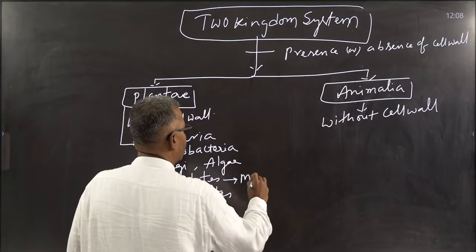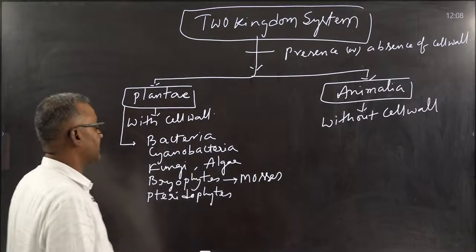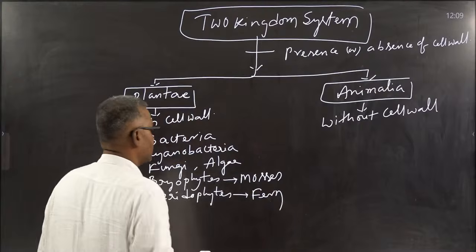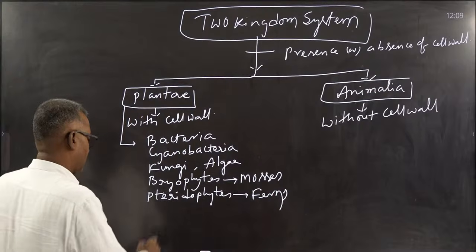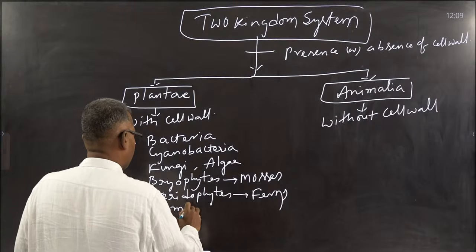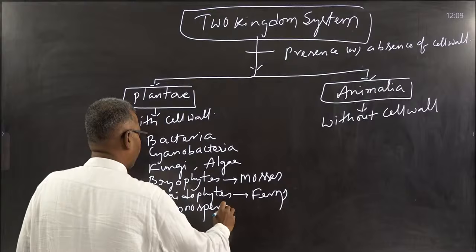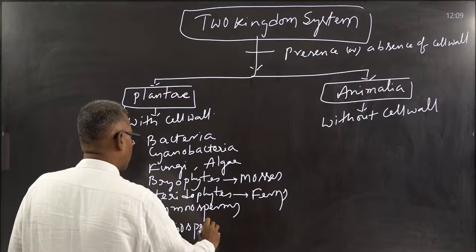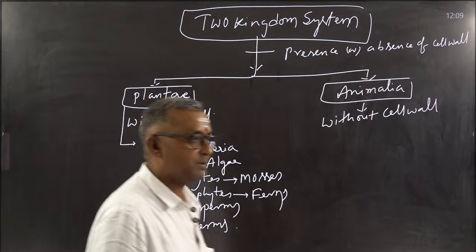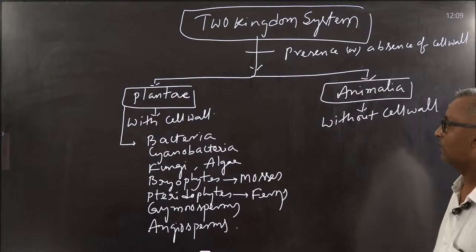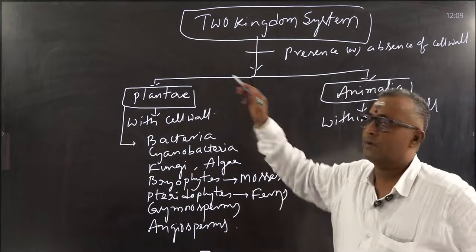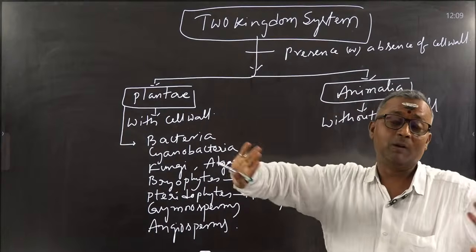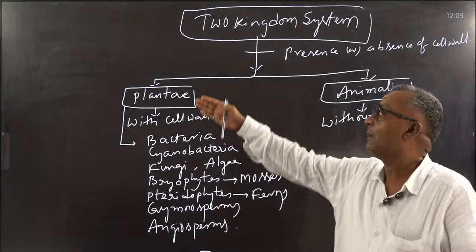Bryophytes like mosses. Mosses are the examples for bryophytes. Pteridophytes like ferns are the examples for pteridophytes. Next, gymnosperms and angiosperms. So all these organisms were included under Plantae as they have cell wall. Remember, he kept all organisms which have cell wall under Plantae.